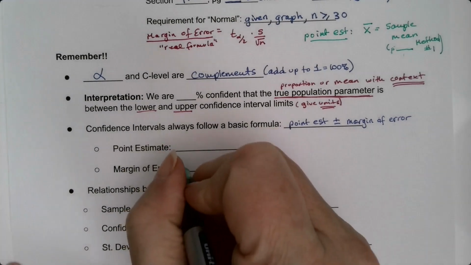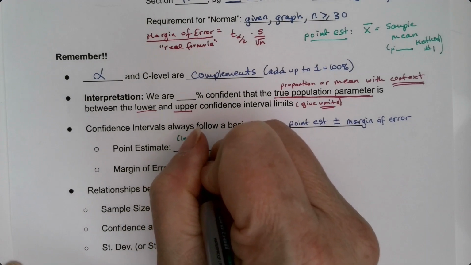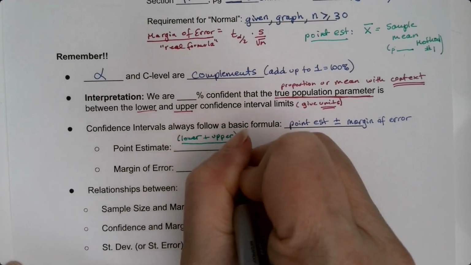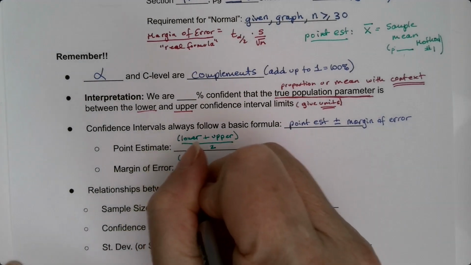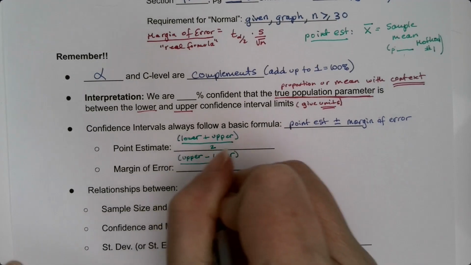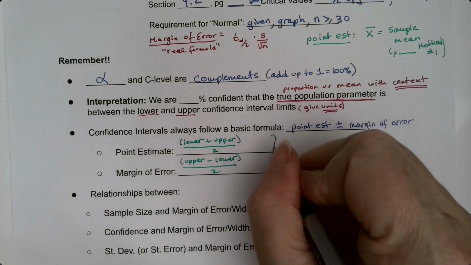The point estimate is also the lower plus the upper, divided by 2. And the margin of error is the upper minus the lower, divided by 2. Now these are formulas that only work if we know the interval.